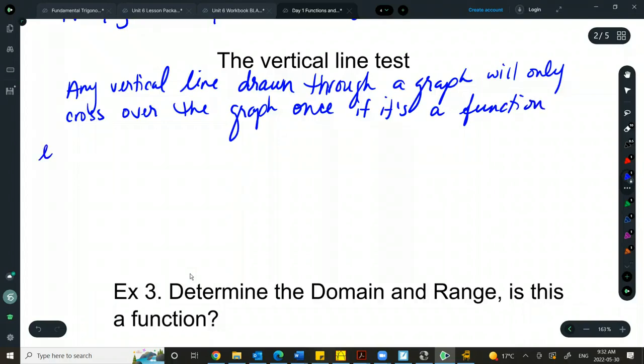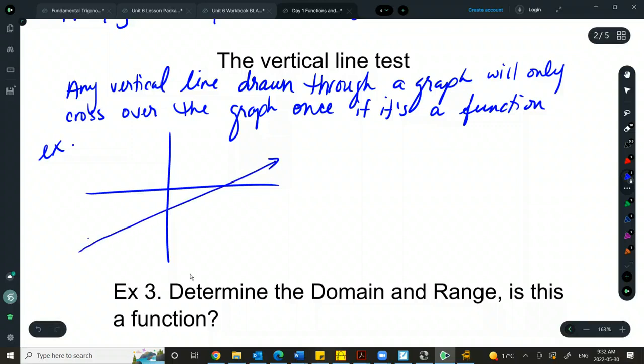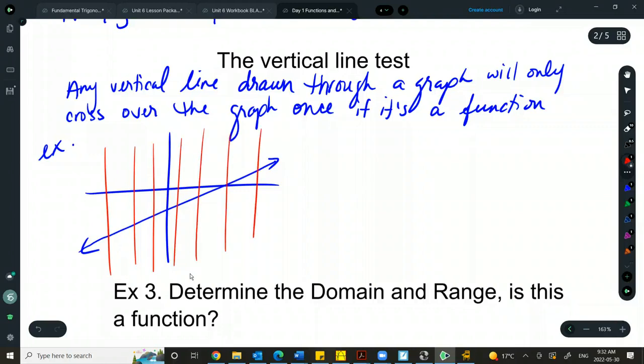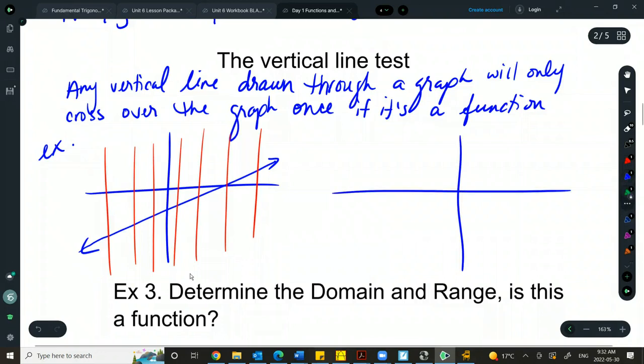Okay, so as an example, this is a function because any vertical line that I draw through here only crosses over that line once. Anything that sort of like overlaps itself, so if you see something like this, that's a good example.